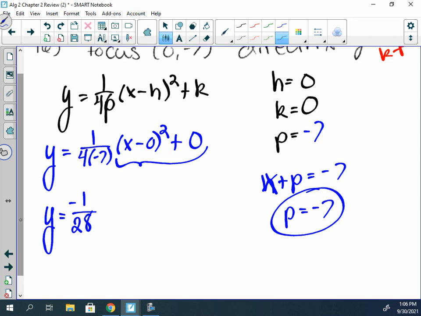Because x minus 0 squared is just x squared. This is it. Because I want you to simplify that part. I won't count off necessarily for leaving the 0 in parentheses. I'd prefer if you simplified it, but I will count off if you don't simplify that fraction at the beginning.